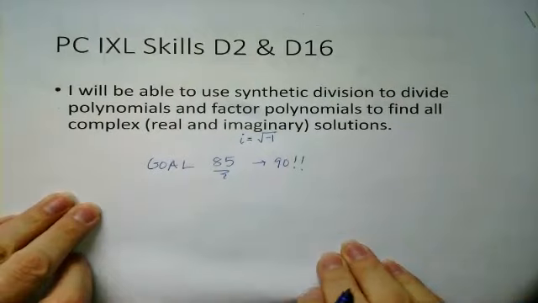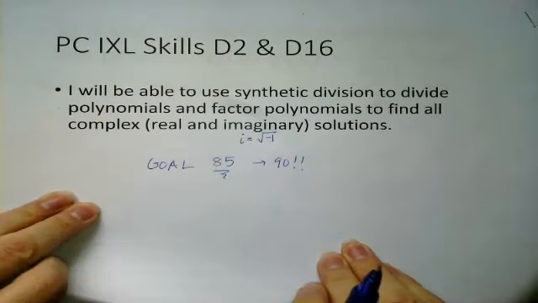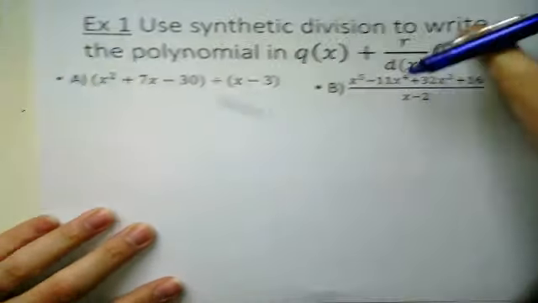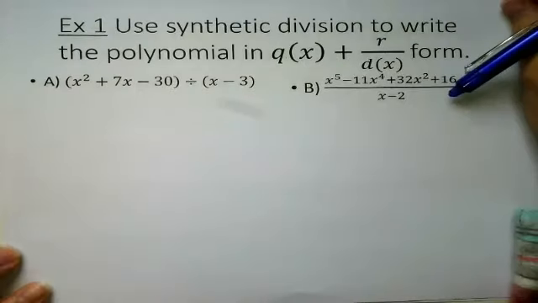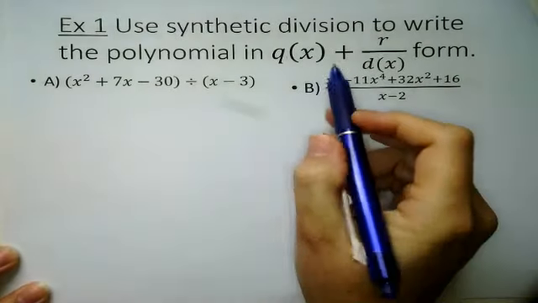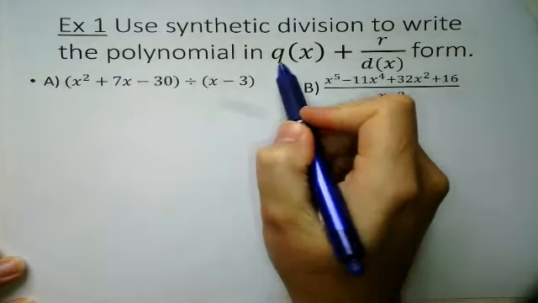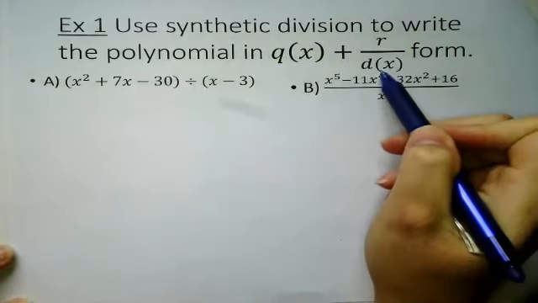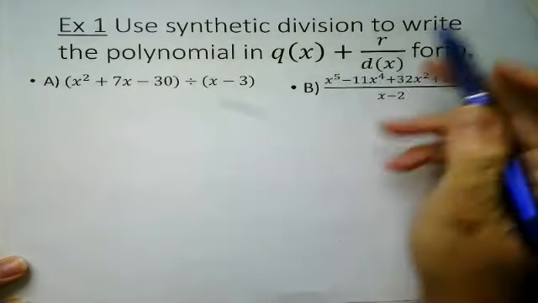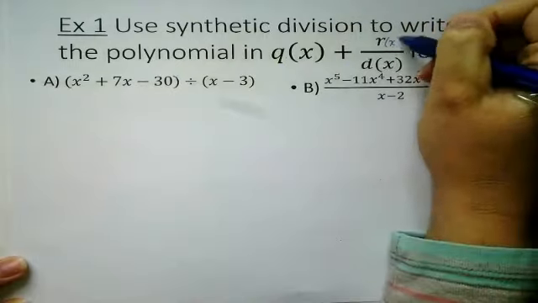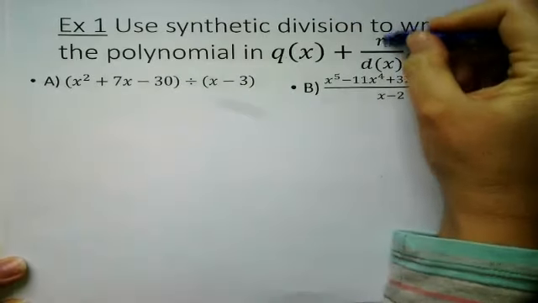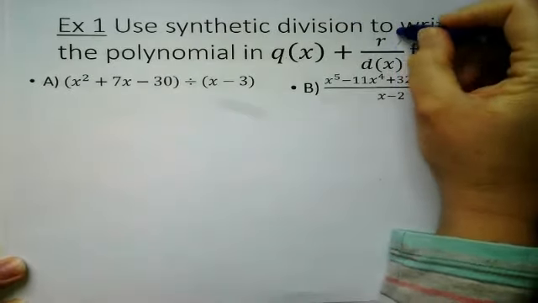All right, so here we go, synthetic division. Use synthetic division to write the polynomial in q of x plus r over d of x form. That would be q for quotient plus remainder over divisor. I'm not sure if it was r or r of x, whatever your remainder happens to be, but I think it's just going to be a single remainder.